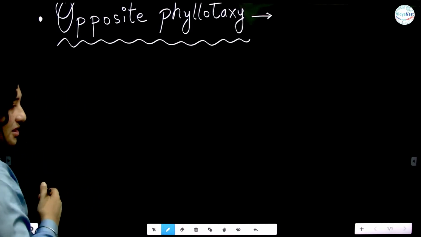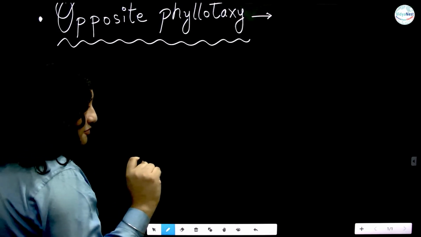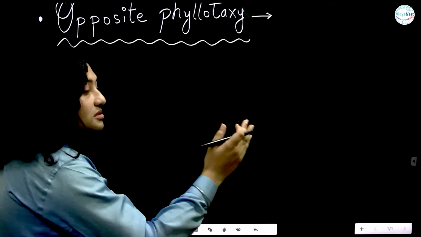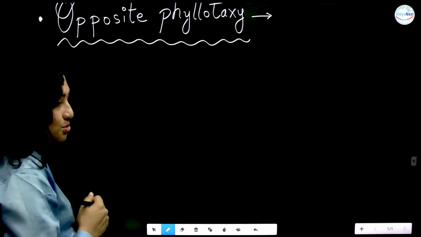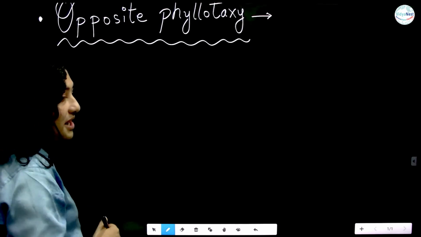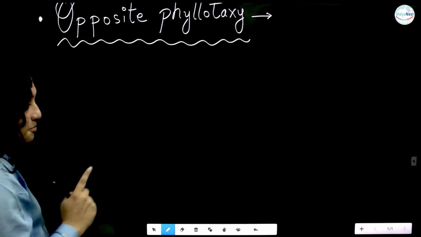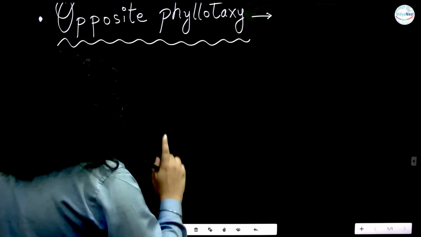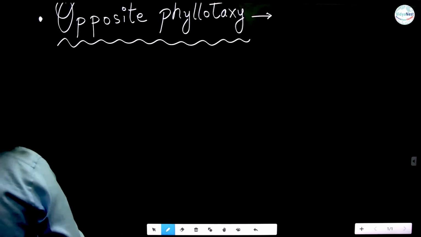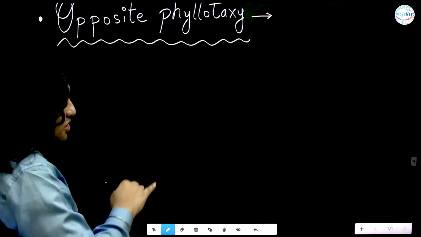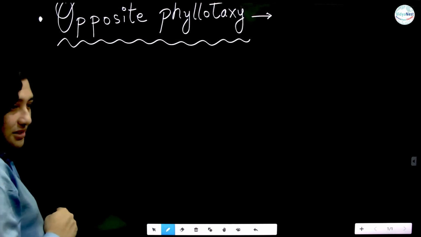As we have studied, in case of alternate each and every node has a single leaf, but it is just the reverse in case of opposite phyllotaxy. Each and every node is characterized by the presence of two leaves, not a single leaf, but two leaves. They will be present on each and every node, and these leaves will be arranged in opposite direction, right?